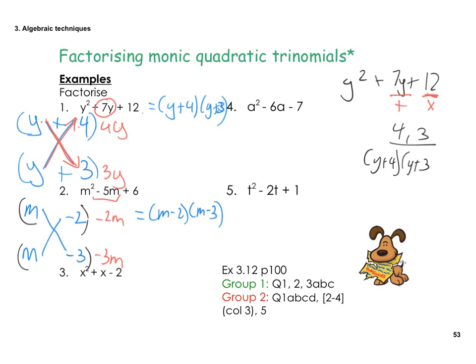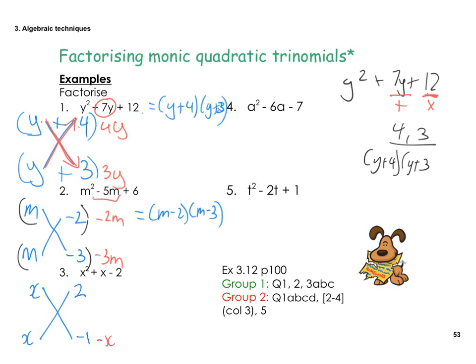Okay, question 3. Again, drawing a cross, x squared, x and x. Now, minus 2. I believe that's minus 1 and 2. We can check that. X times minus 1 is minus x.